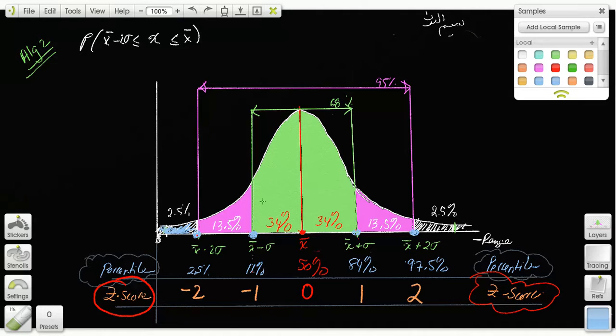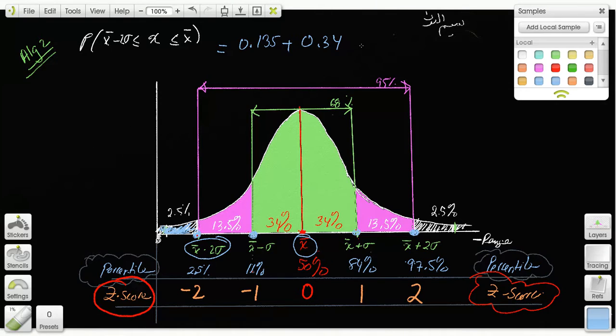The whole area is 1 because that's the probability 1. So the probability of finding a point between this and this is going to be this piece plus this piece. Those are percentages, and the probability is going to be 0.135 plus 0.34.